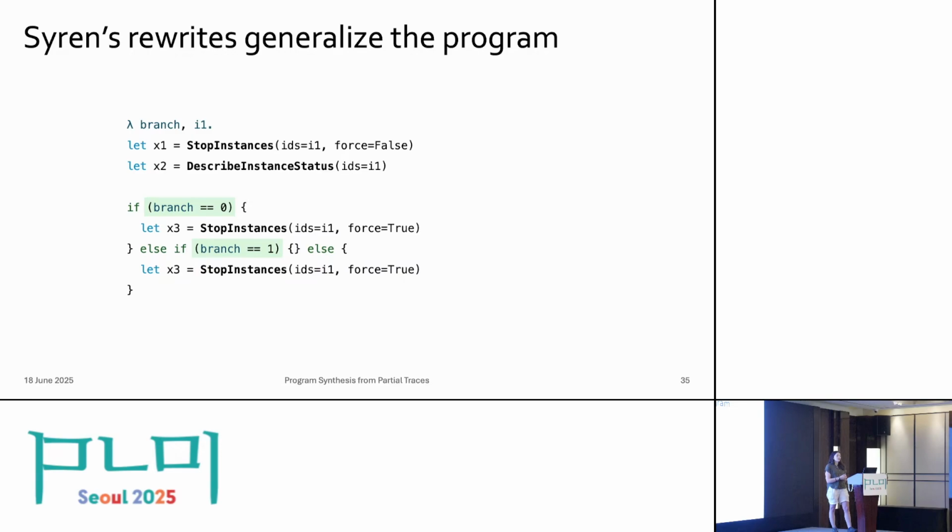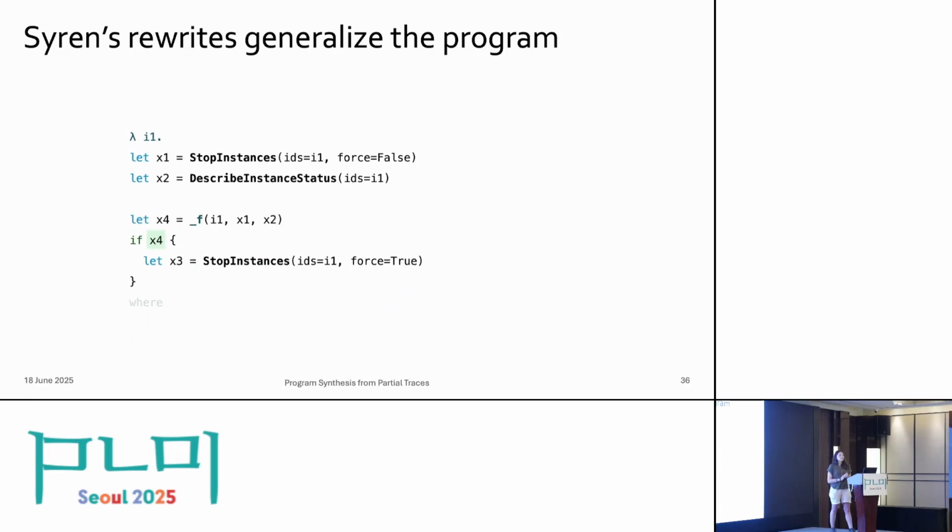Another rewrite will look at the second usage of branch, which is deciding whether or not we make that second call to stop in instances. And the goal here, the question that Siren is asking, is can we infer the user's intention from what we can see? And here we can see a lot more than before, because we have the previous two API calls that now we have access to the data they give as output.